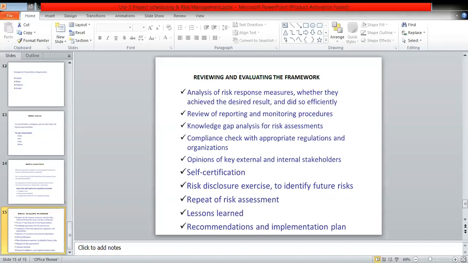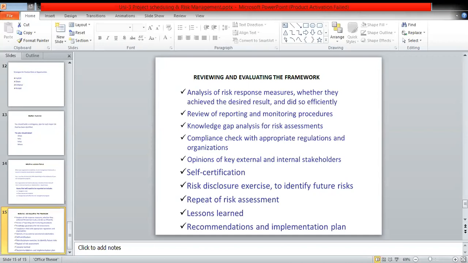Now, risk disclosure experience to identify future risks. Whatever risks you find when you are starting the project, you learn from that. The next time when you start a new project and that kind of risk comes, you are an expert in how to handle it because you already worked on that risk.